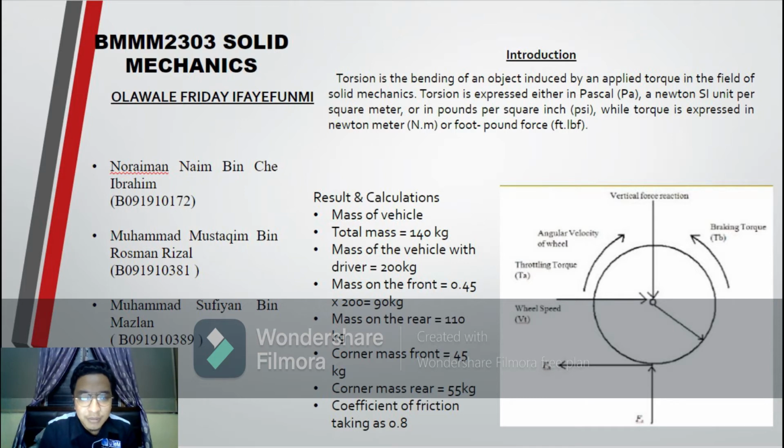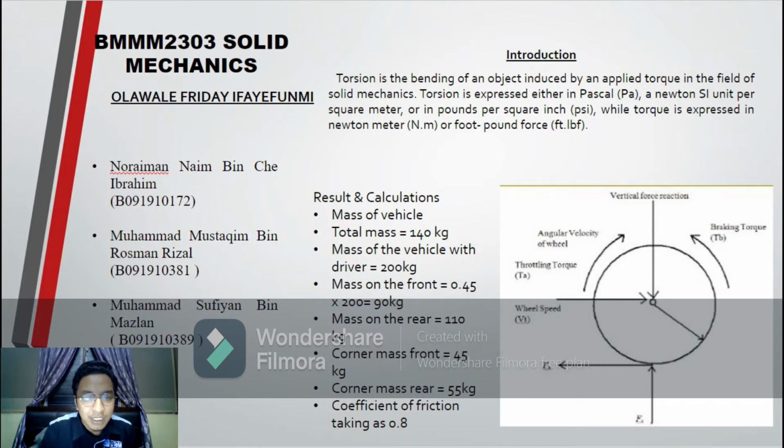Torsion is the term used for the twisting of a structural member when it is acted upon by torque, so that the rotation is produced about the longitudinal axis at the end of the member with respect to the other. In the field of solid mechanics, torsion is the twisting of an object due to applied torque.